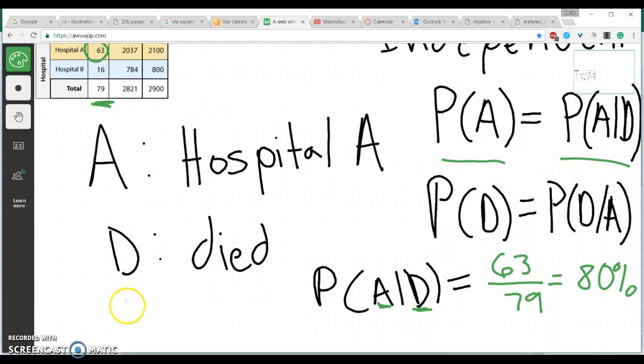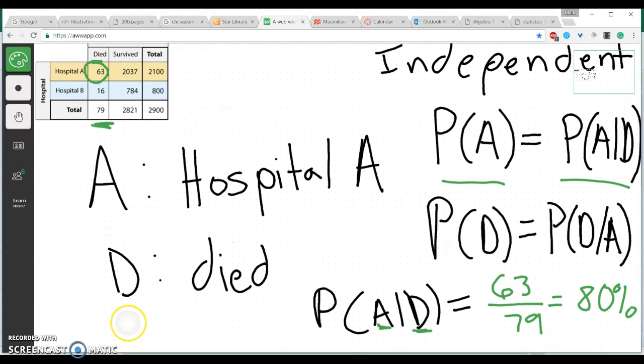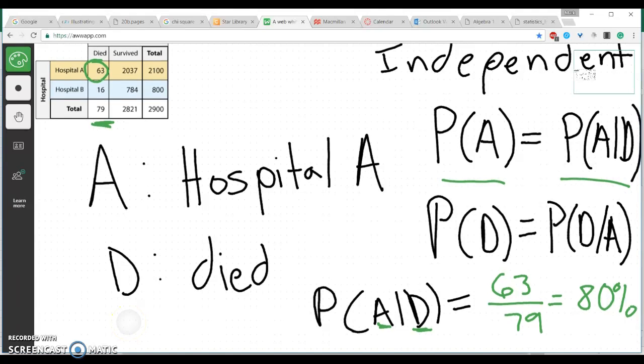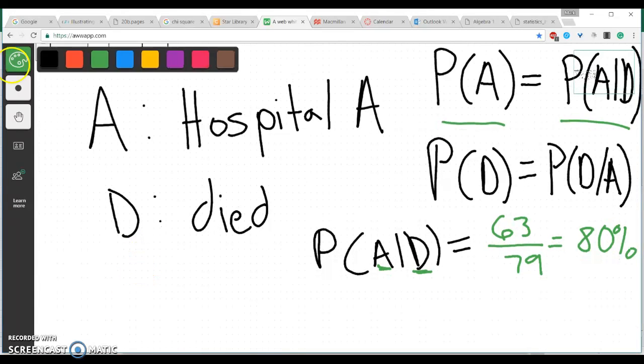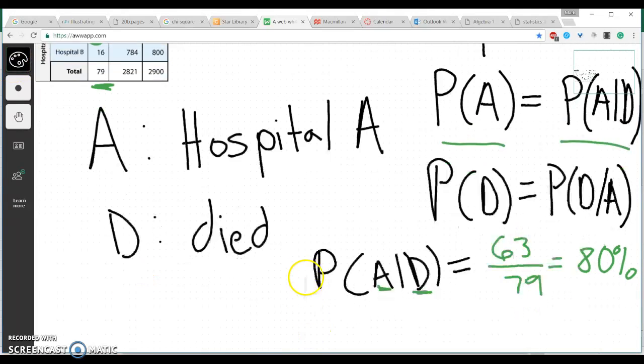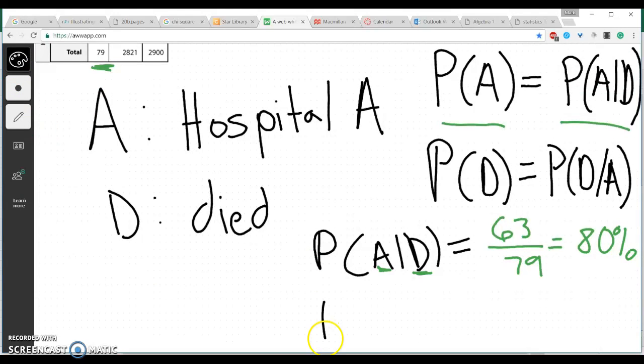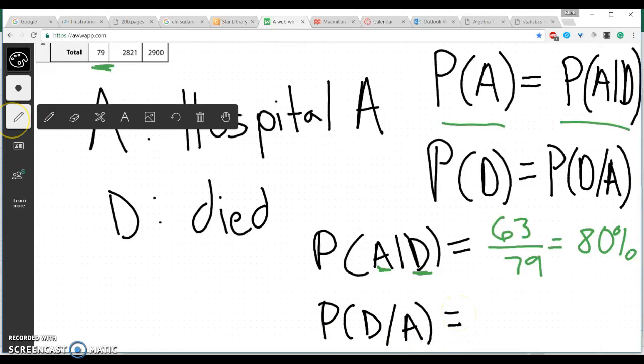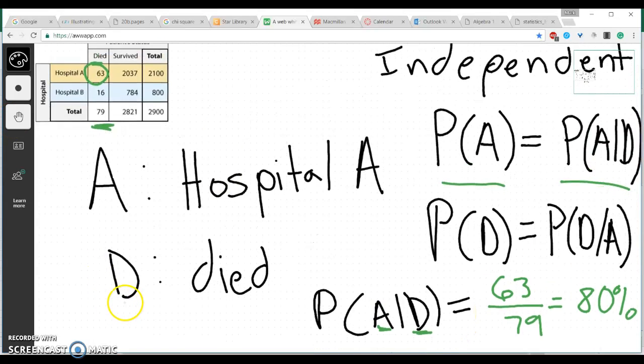Let's go the other way. Let's figure out the probability of D, or the probability that someone died if they were in hospital A. So this given would be the probability that someone died that was in hospital A. Scroll up.